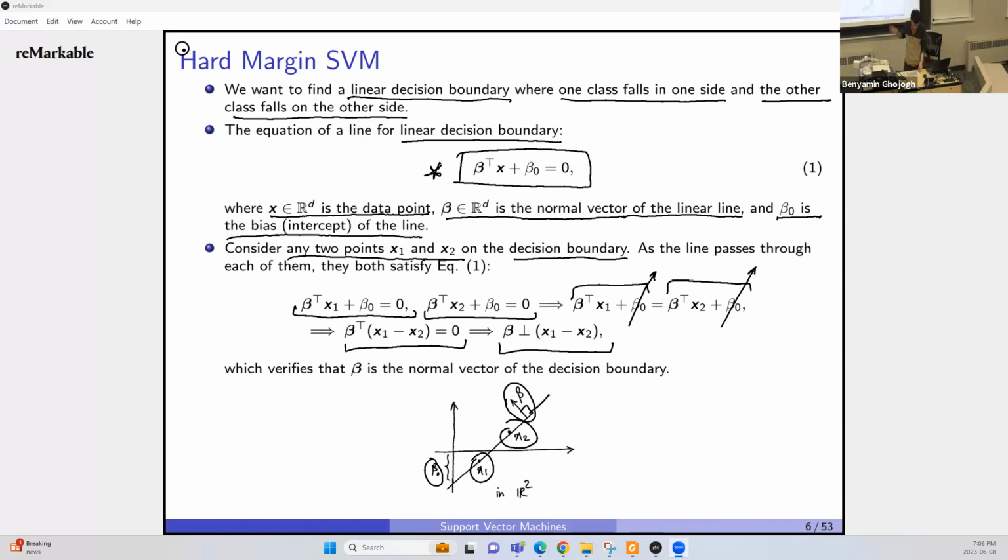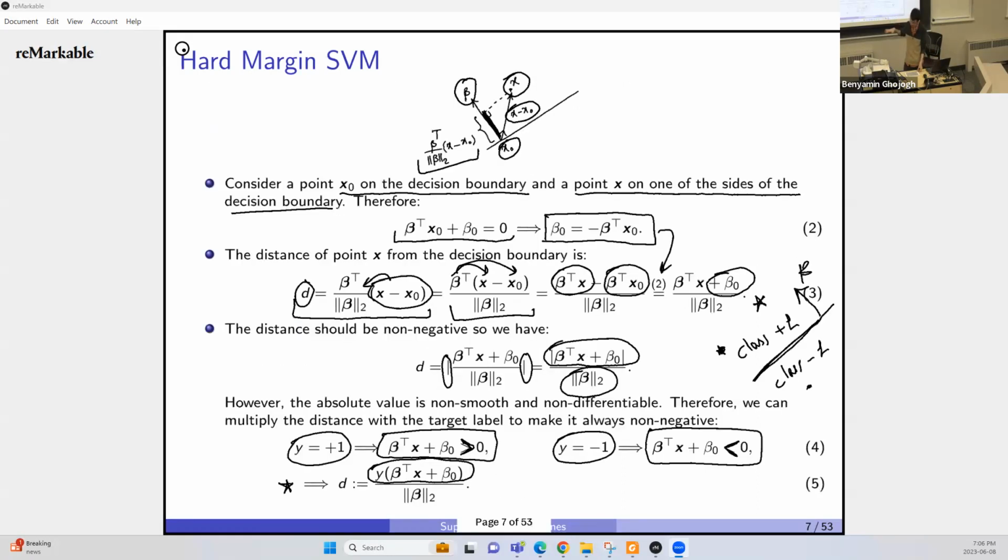We worked it out last session, and we modeled the distance of a point from the decision boundary. For the distance to be positive, we use a trick as done in equations 4 and 5, to get rid of the absolute value, which is non-smooth. This is a good technique in machine learning.